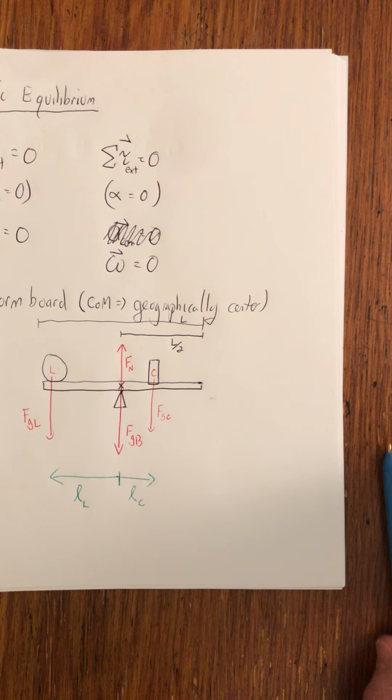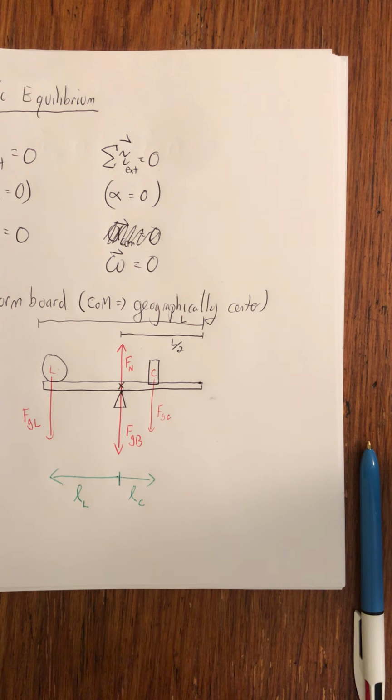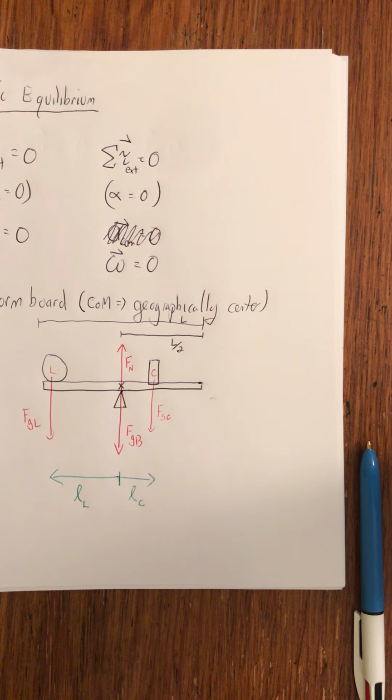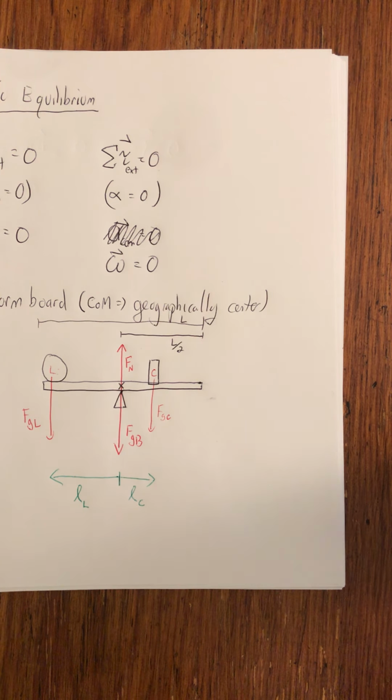This is going to be our new number one step here for these problems, is a free body diagram, and near the free body diagram, but not on the free body diagram, draw in all the relevant distances. It's going to make our lives a lot easier when we come back to construct equations. So, step one, free body diagram.